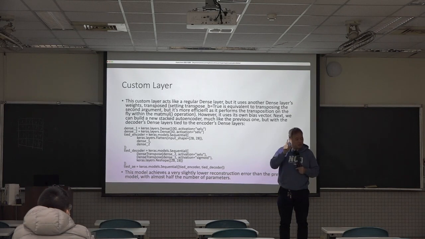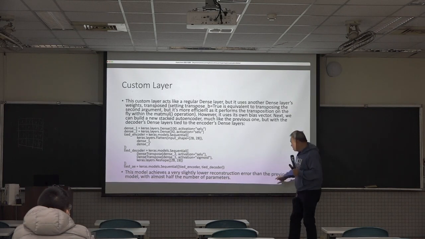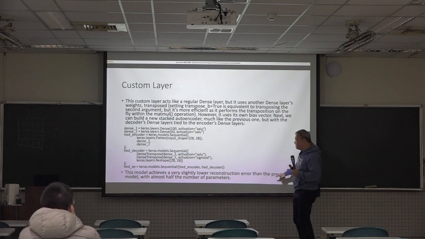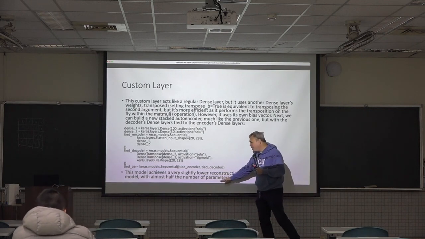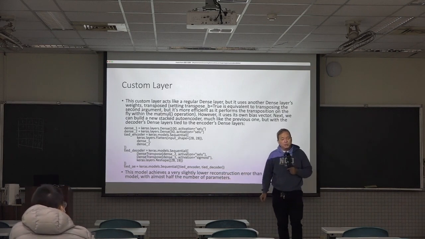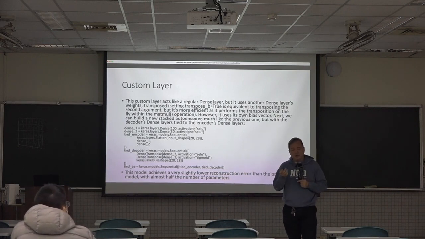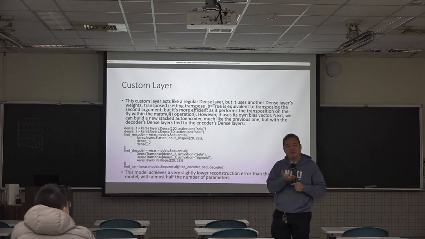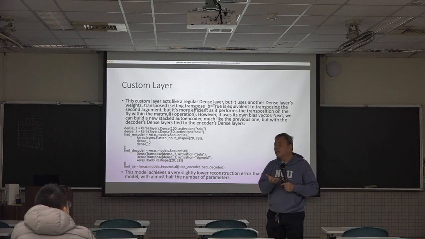But think about this: this model, with about half the number of parameters, is able to reach slightly lower error. Performance is about the same, but the number of parameters is reduced by half.